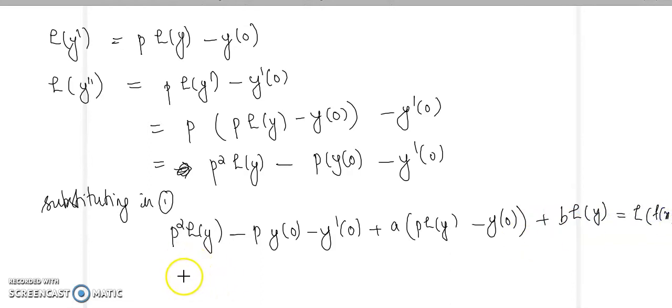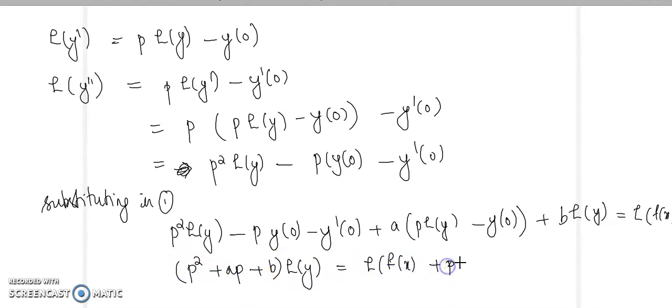So on the left side, let us collect the coefficients of L of y. So you will have p square plus ap plus b, L of y, that will be equal to L of f x plus p y of 0 plus y dash of 0 plus a y of 0.